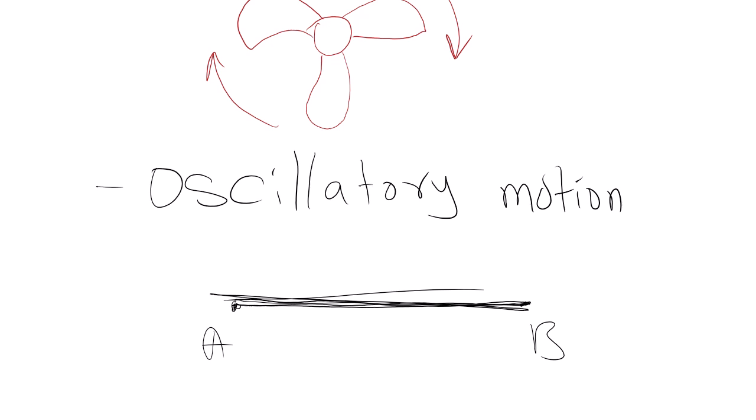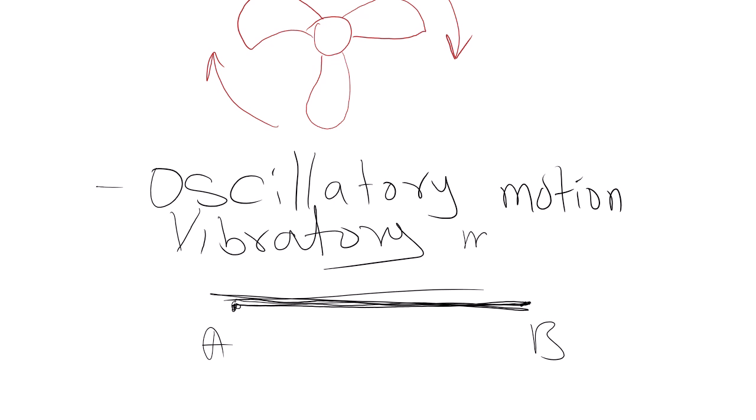Or instead of oscillatory, you can also say vibratory motion. What people call vibration is simply this oscillation. When something oscillates, it produces vibration. So you can say vibratory motion or oscillatory motion.